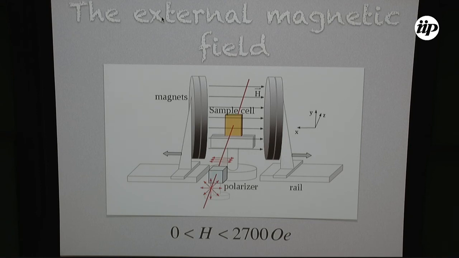The maximum we can put in our setup is about 2,700 Oersted at the sample position. And we are able to take the beam and polarize it parallel to the magnetic field or perpendicular to the magnetic field.